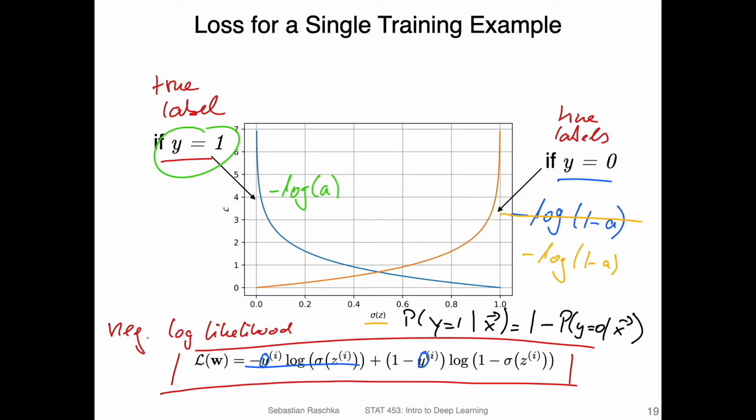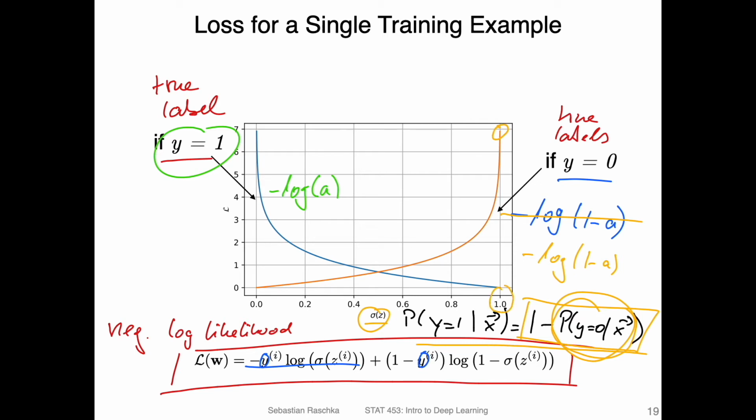So let's take a look at what happens if this probability here is high. If we have a low probability that this is indeed class 0, the whole term with the 1 minus included will have a large probability, and you can see we have a high loss in this case.